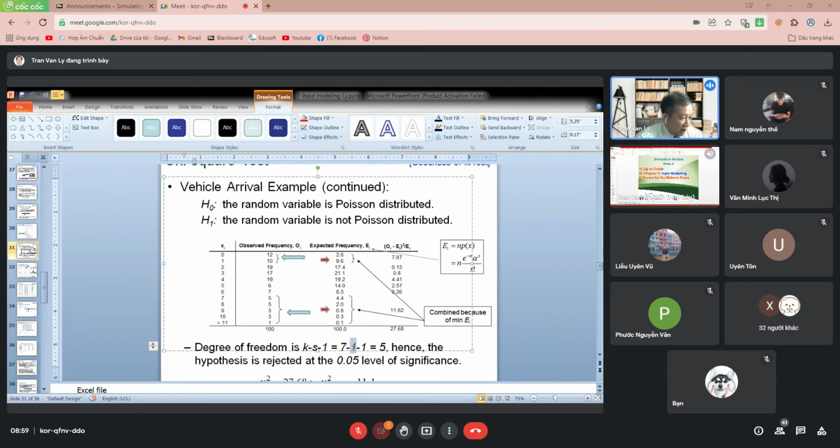You know why you have 7? In this slide, why do we have 7 here? Anyone can answer me? Hello, students in class. Why do we have number 7 here?